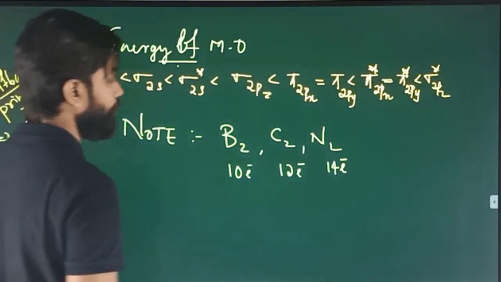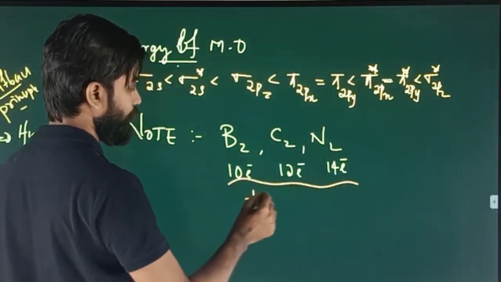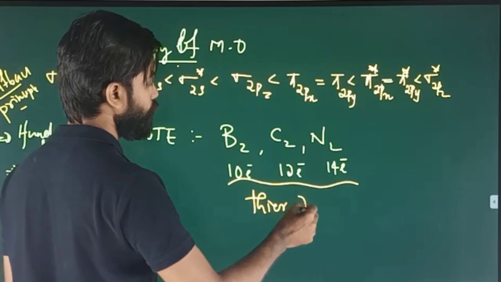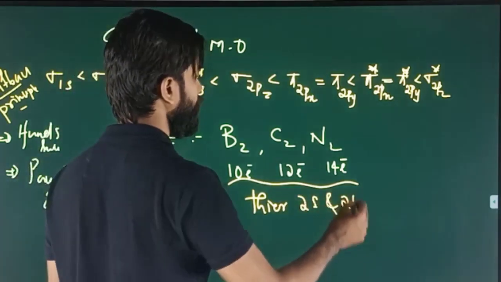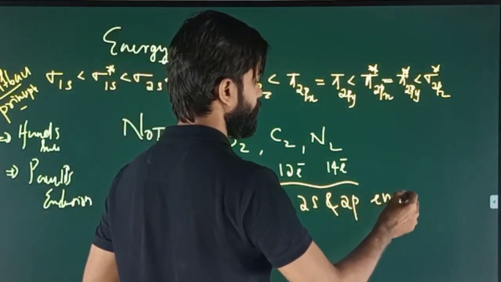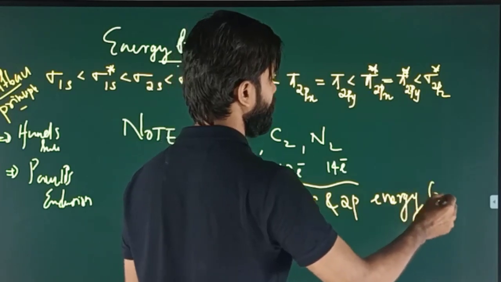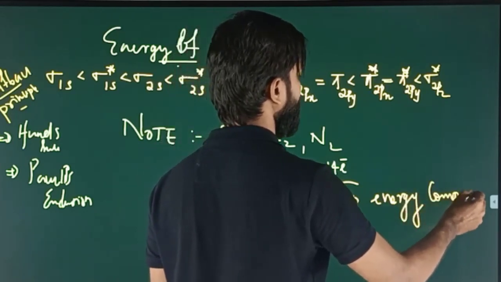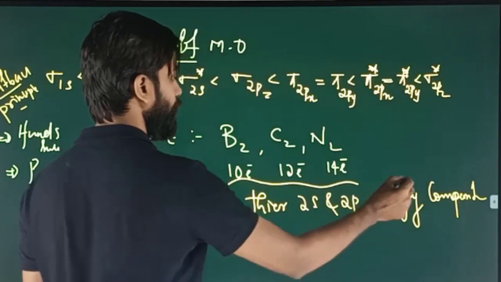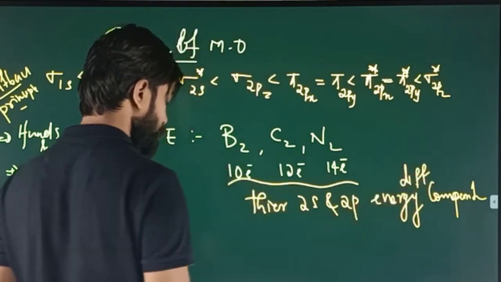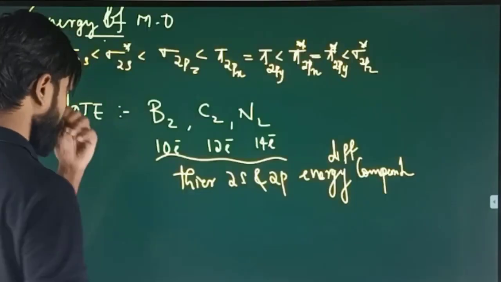So for this category, the energy difference between the 2s and 2p orbitals is comparatively low.